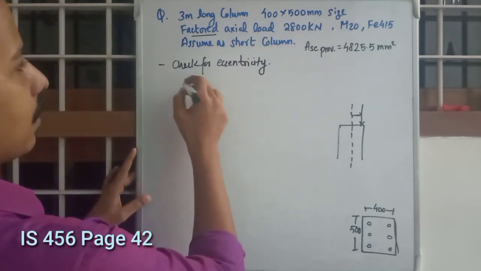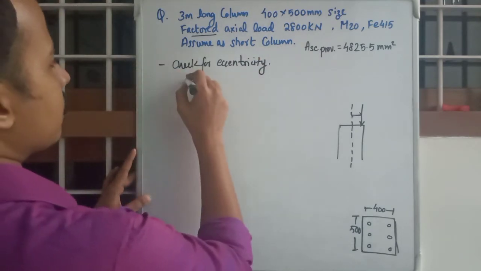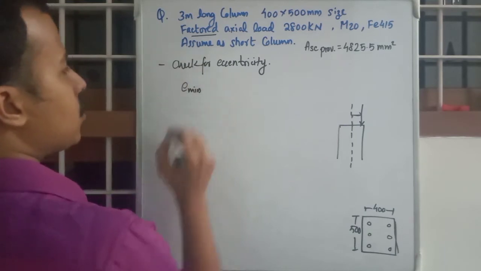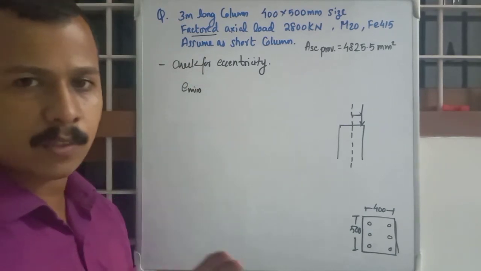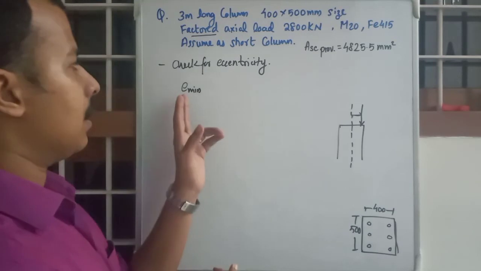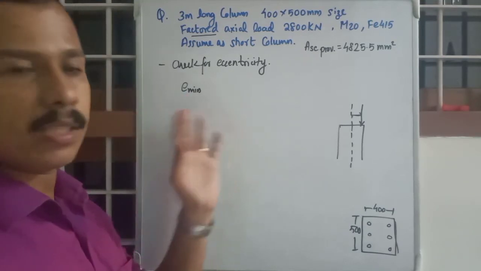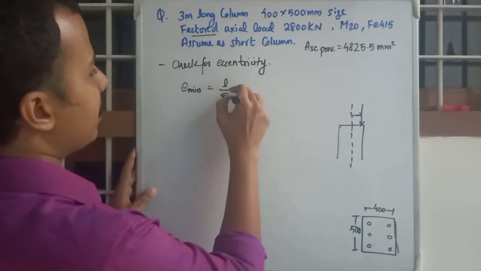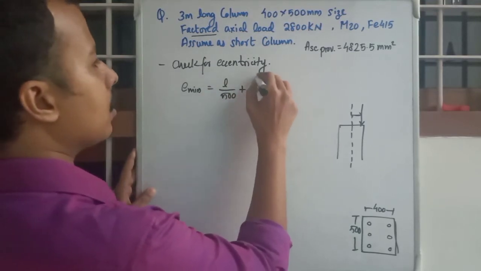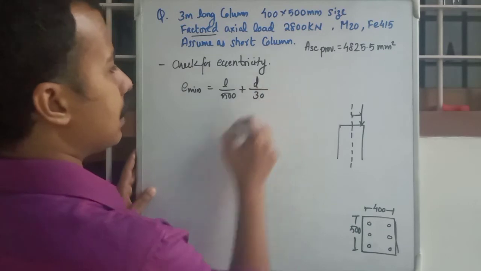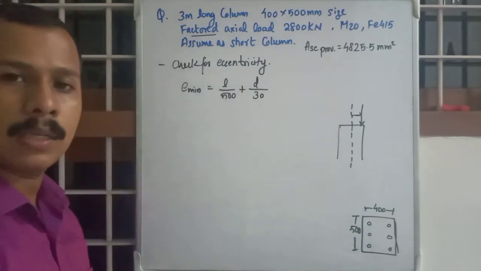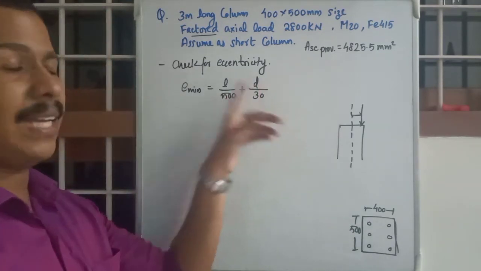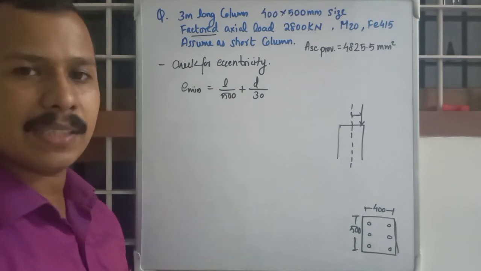The equation is E minimum, that is minimum eccentricity. We don't have any maximum value. You need to have at least this value, and the equation goes like this: L by 500 plus D by 30. L is the effective length and D is the least lateral dimension in the L by D slenderness ratio.